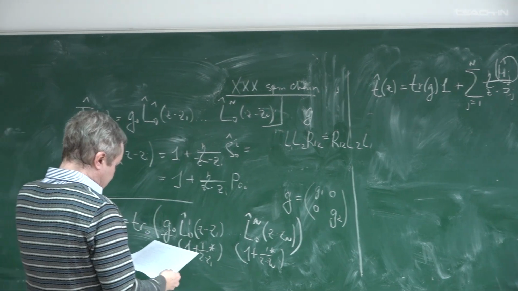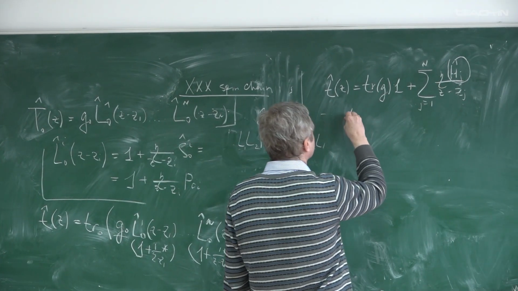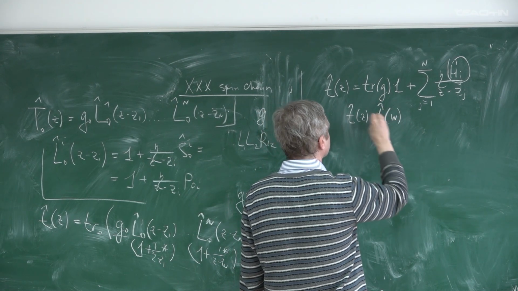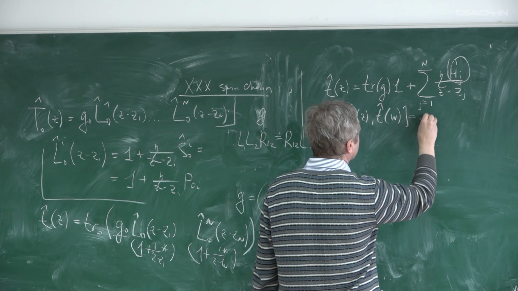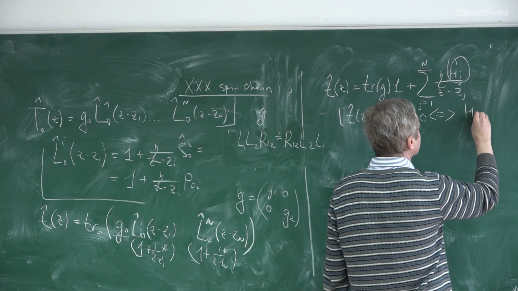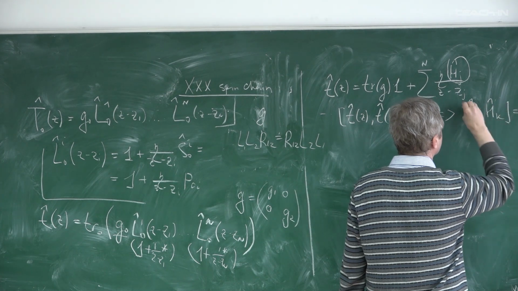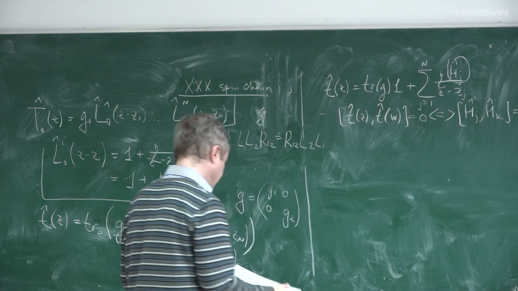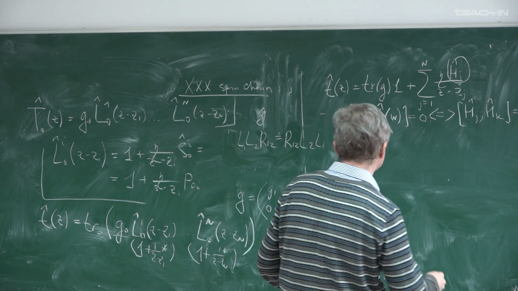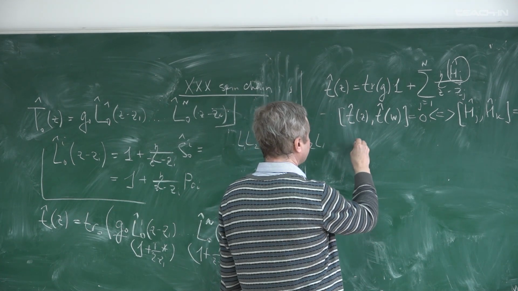But we would like also to have some, yes, and what we know, of course, we know that T of z commutes with itself. This follows from RTT relations. And it means that all these Hamiltonians also commute with each other. So our final problem, first let us write a kind of plan.